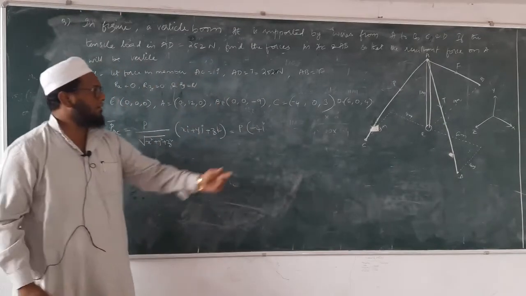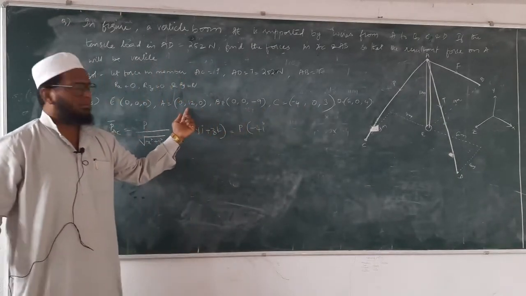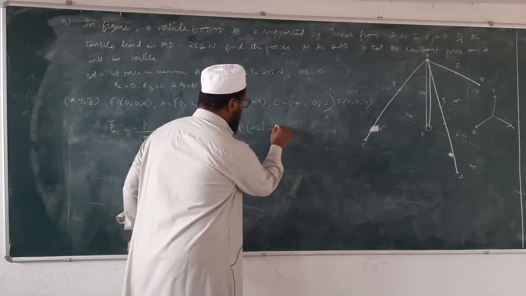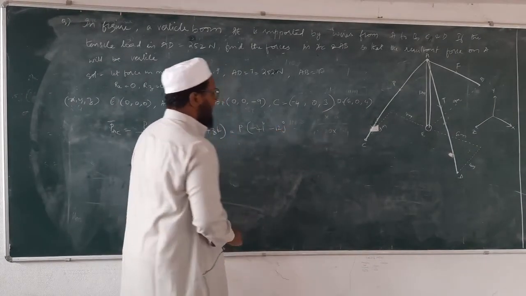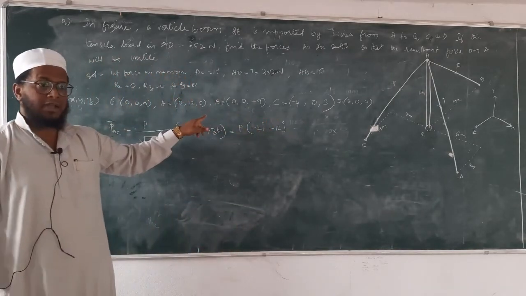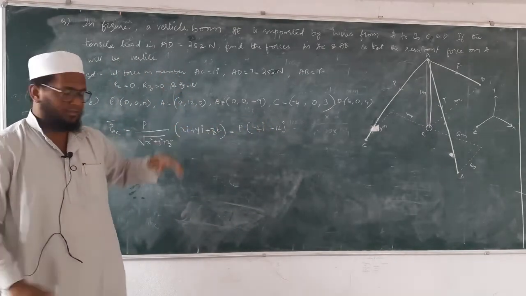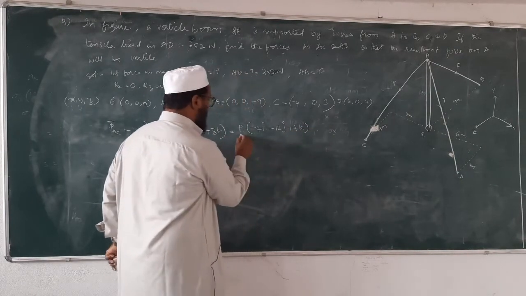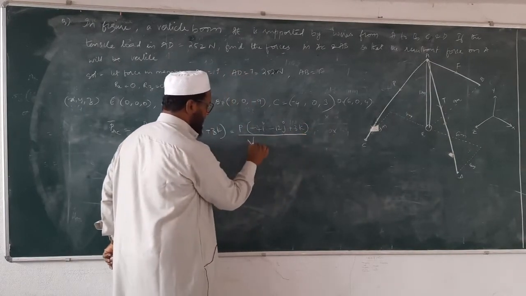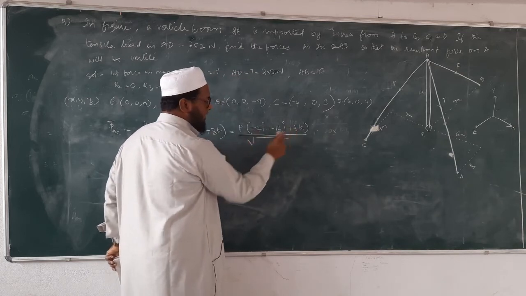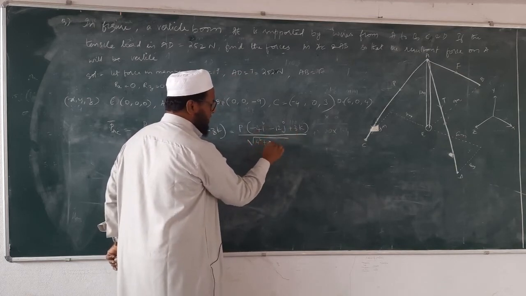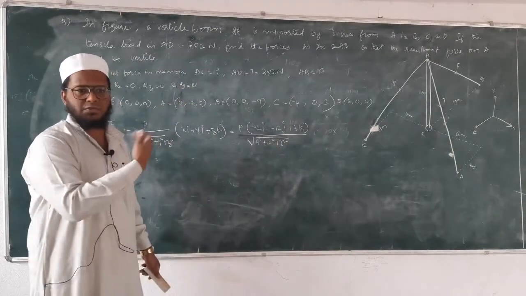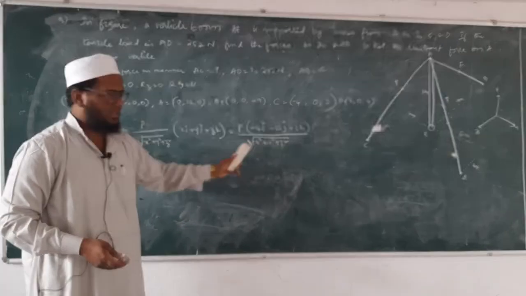Then 0 minus 12, minus 12J. Then 3 minus 0, plus 3K. Whole divided by under root 4 square plus 12 square plus 3 square. Don't take the minus value, because once you square it, it will become positive.